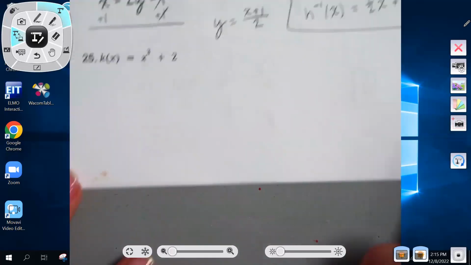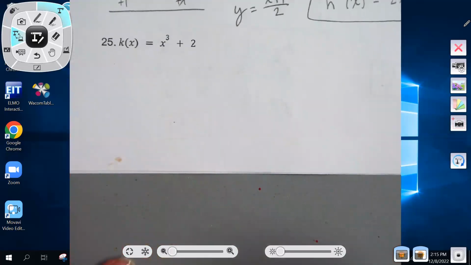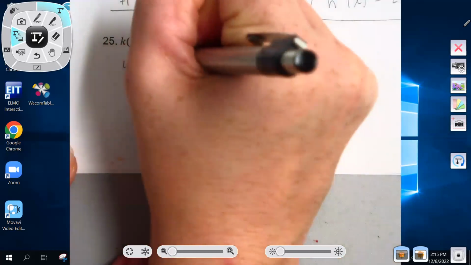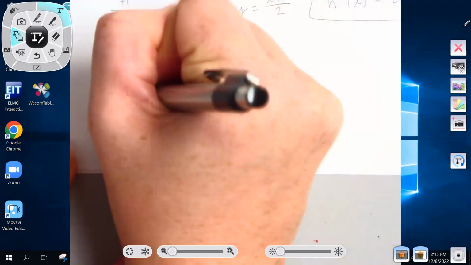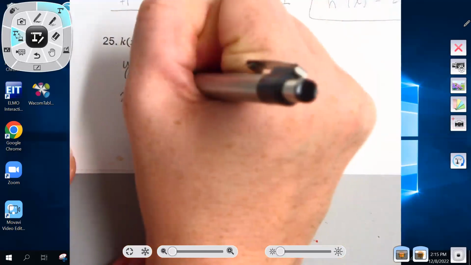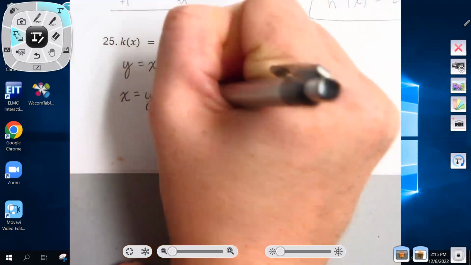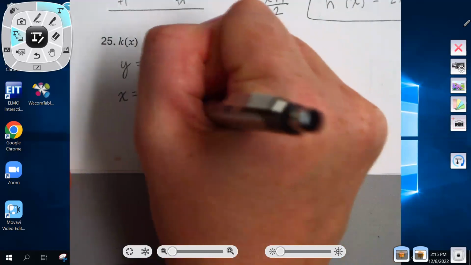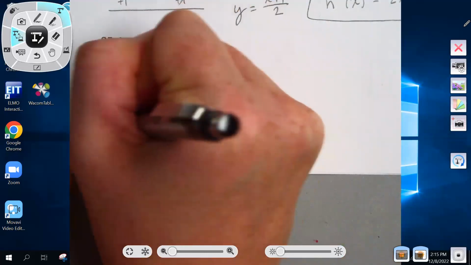Okay, last one. Change function notation to y. And switch the x and the y. Then we want to get y by itself. So we're going to subtract 2 from both sides.